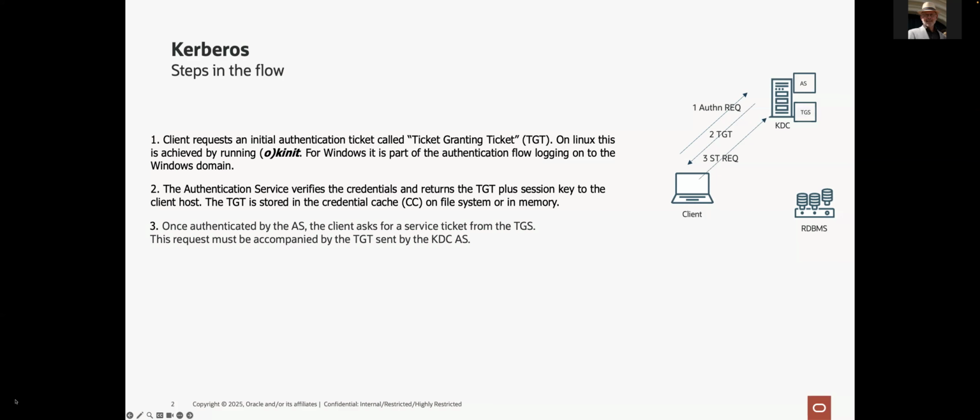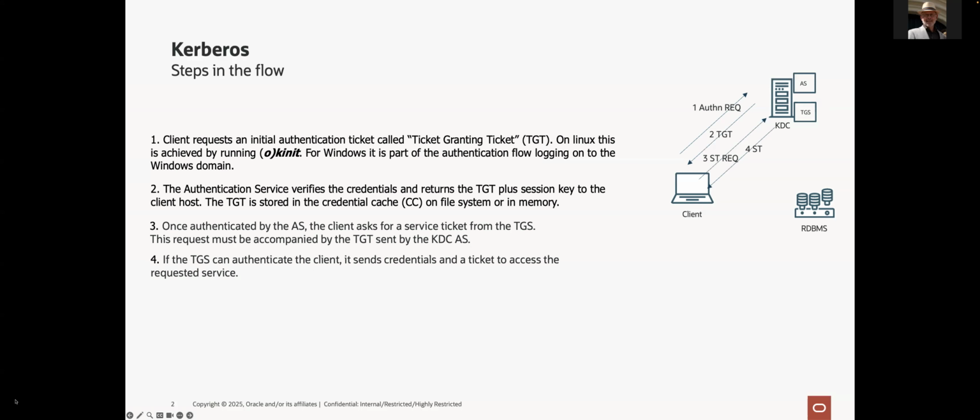The next step is that the client asks for a service ticket from the ticket granting service, which is also part of the KDC. And this request is accompanied by the TGT that was sent before by the authentication service.